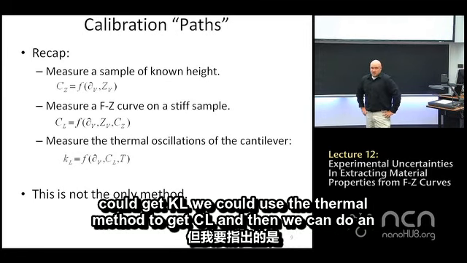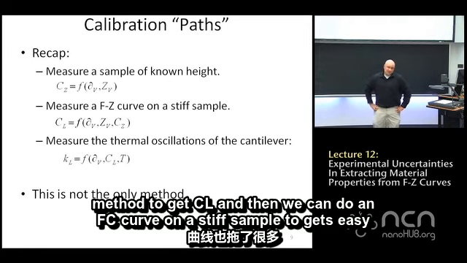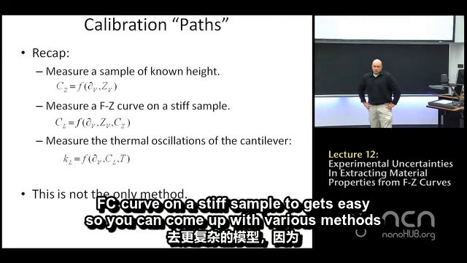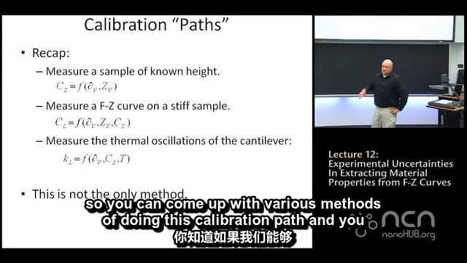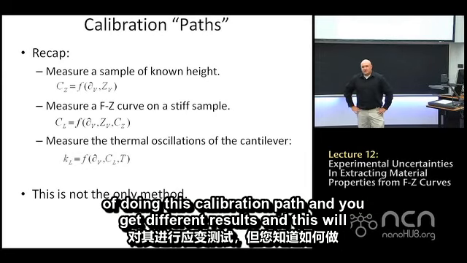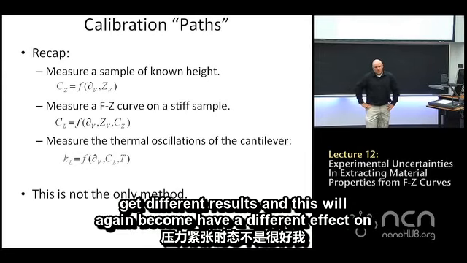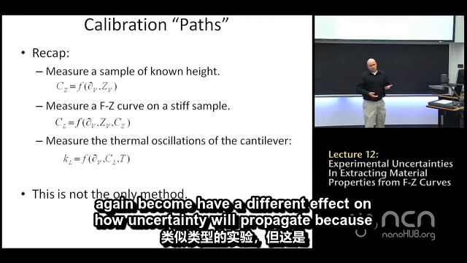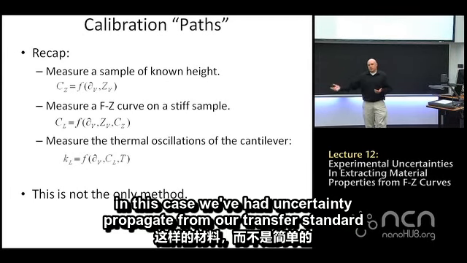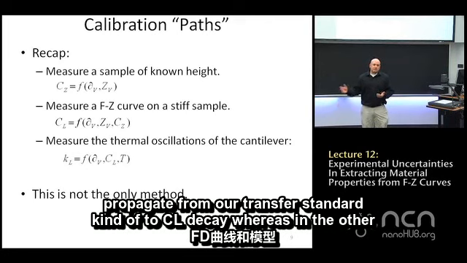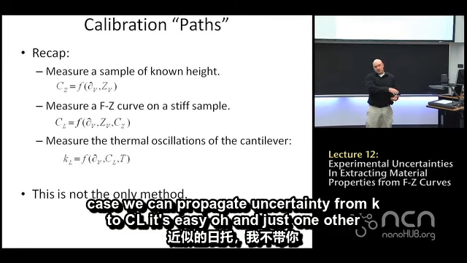And then we can do an FZ curve on a stiff sample to get CZ. So you can come up with various methods of doing this calibration path, and you get different results. And this will have a different effect on how uncertainty will propagate. Because in this case, we've had uncertainty propagate from our transfer standard to CL to K, whereas in the other case, we can propagate uncertainty from K to CL to CZ.